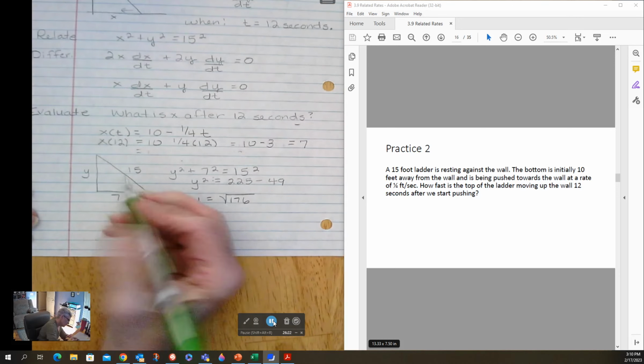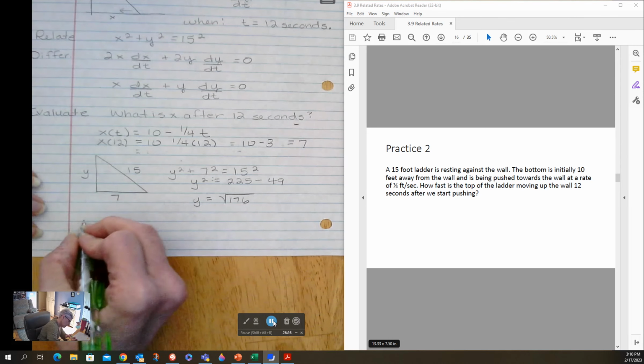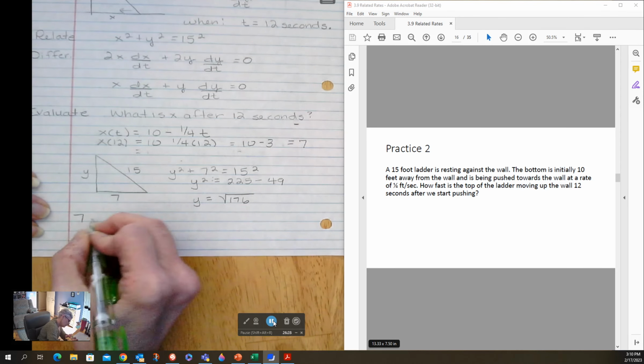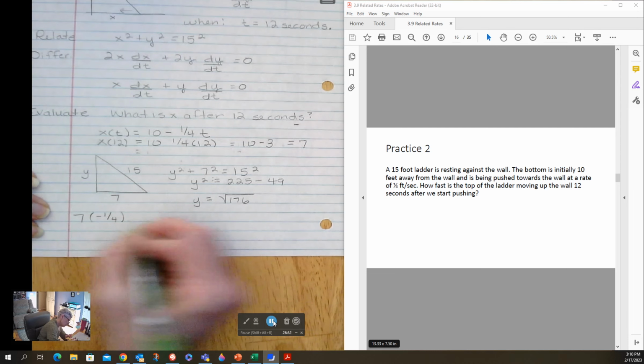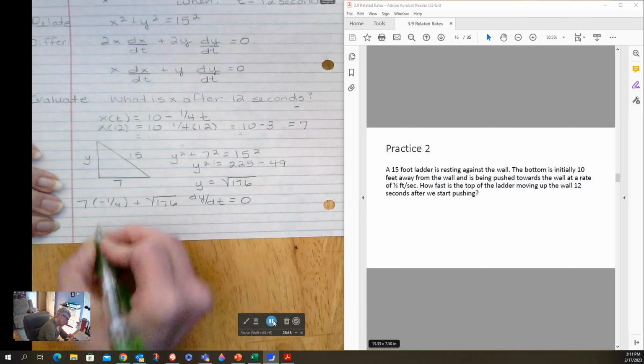176. So x dx/dt, that would be 7 times negative 1/4 plus y, square root of 176, dy/dt equals 0.